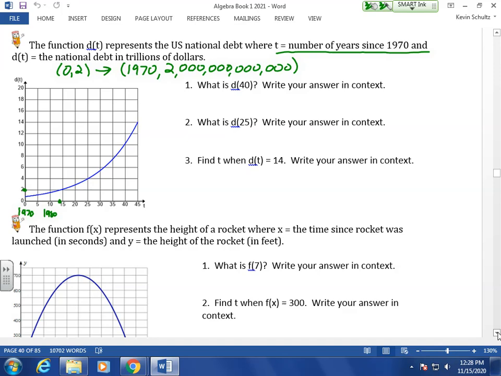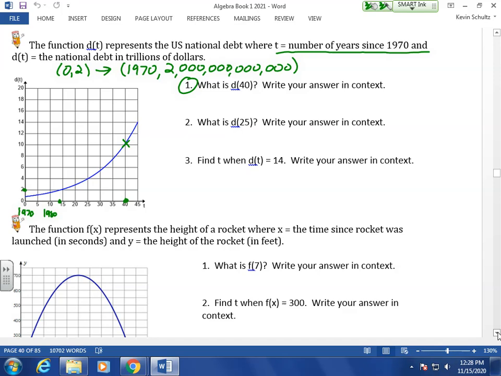But anyway, it says, what is d of 40? Write your answer in context. So first of all, what are you solving for here? t has been replaced with 40. So you're looking at the graph and saying, what is the value of the function when t is 40? I'll circle this here. Number one, t is 40. The value of the function right there is about $10 trillion.